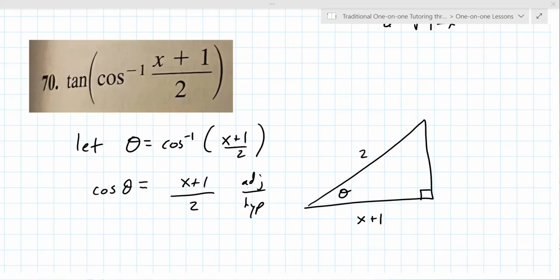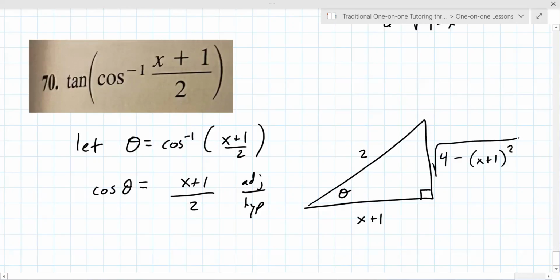So the missing side here is the square root of 4 minus x plus 1 in parentheses squared.